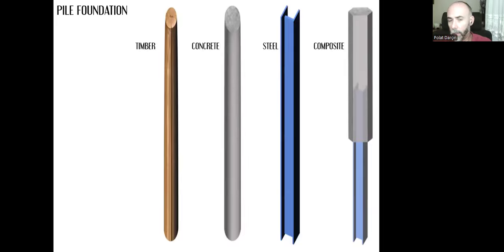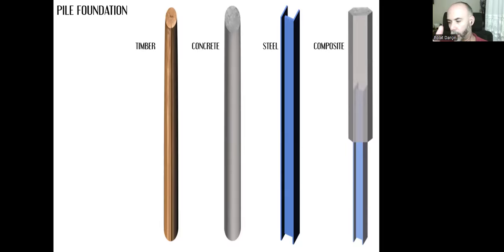Piles can be created out of timber, concrete, steel, or composite. Composite means the mixture of different materials like the steel and concrete. Of course, timber material needs to be strong enough. Not every type of tree can be appropriate to bury in a humid environment in the soil because it will start to decay.